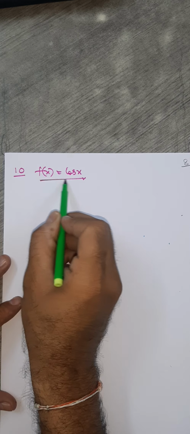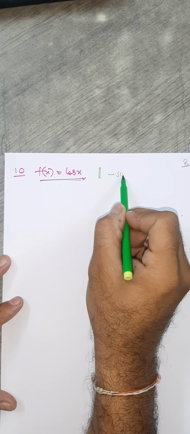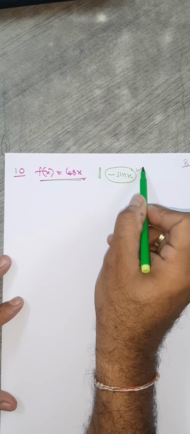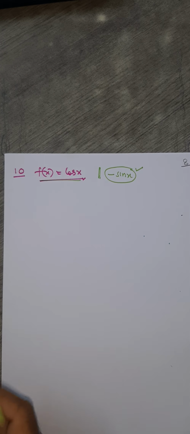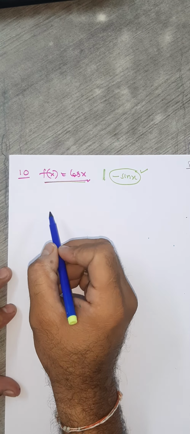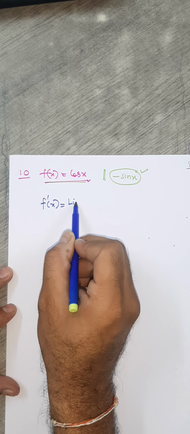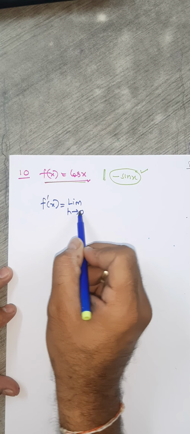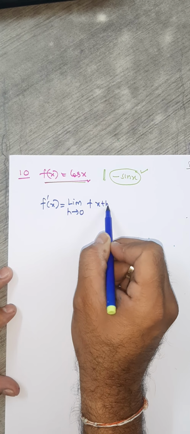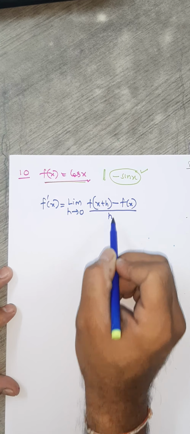10th question, function is f x equals to cos x. You know derivative of cos is minus sine. Now we want to prove this one by first principle, means by definition. So what is definition? f dash x equals to limit h tends to 0 f of x plus h minus f x upon h.